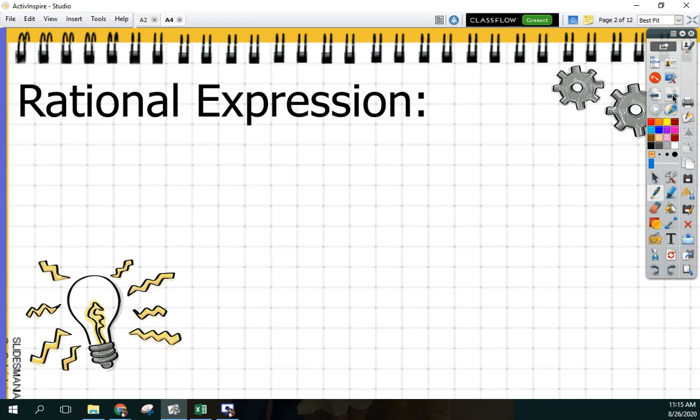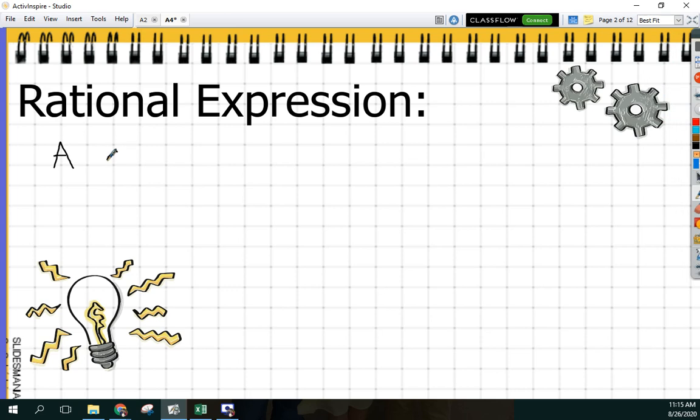A rational expression is a quotient, which remember is another word for division, of polynomials.